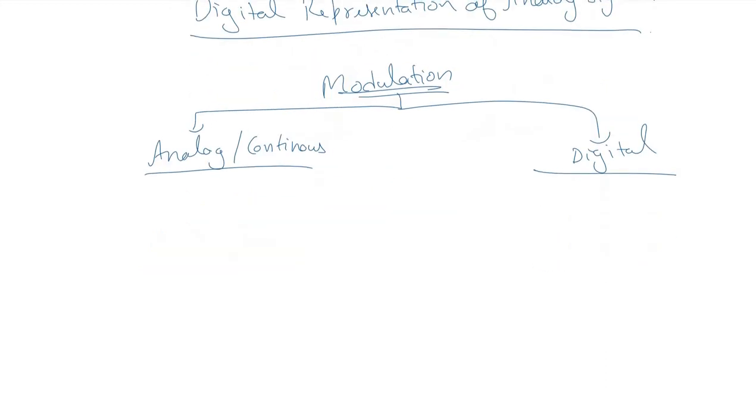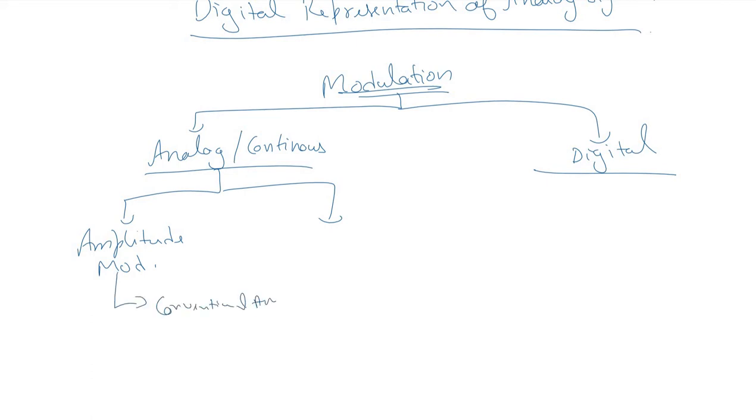In analog and continuous modulation that we've already studied, we can further categorize it as amplitude modulation, and there are further different variants of amplitude modulation, that is your conventional AM, DSB-SC, SSB-SC, VSB, and so on. Okay, these are the different variants of the amplitude modulation.